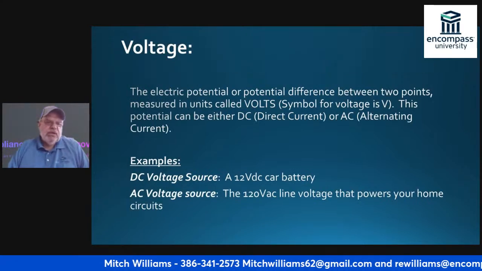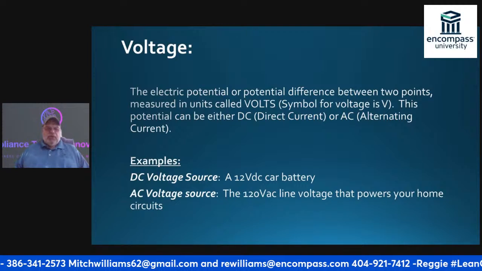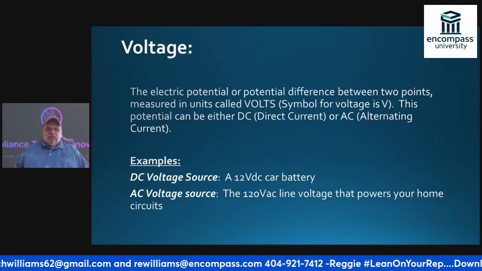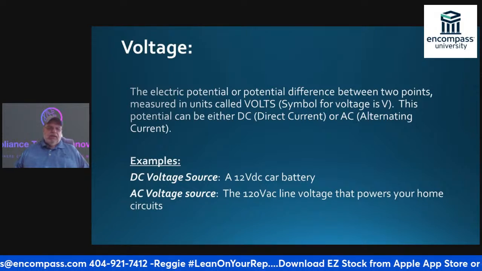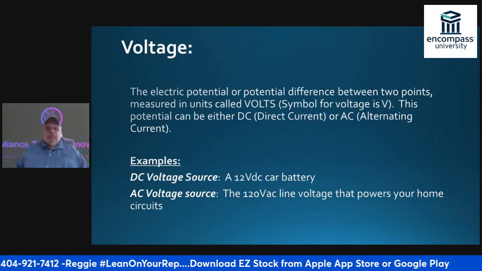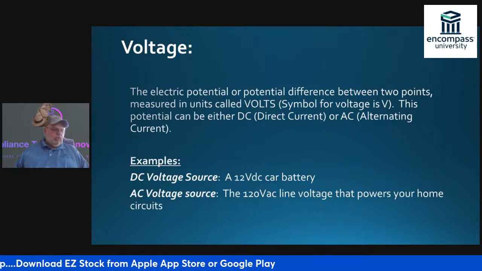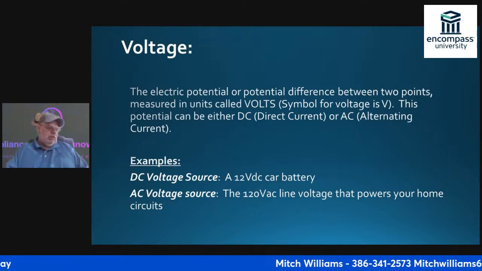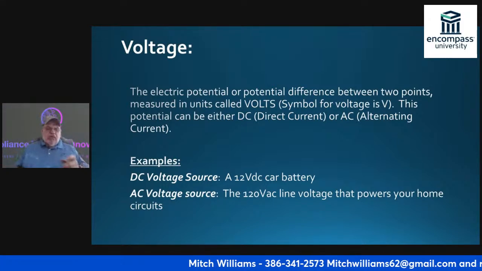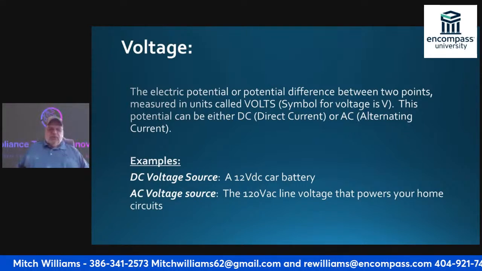Okay. Voltage is the electrical potential or potential difference between 2 points, measured in units called volts. The symbol for voltage on your meter is a V. This potential can either be DC, which is direct current, or AC, which is alternating current. Your meter will have DC and AC voltage. Make sure that you do not turn it on DC volts and then go to measure AC volts.